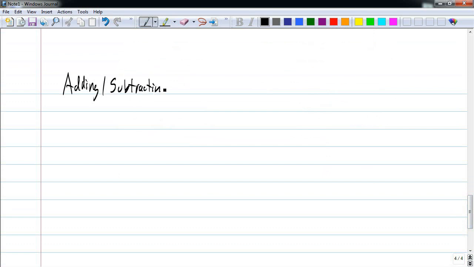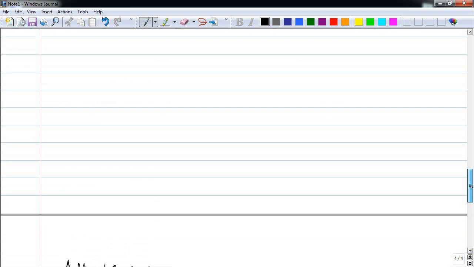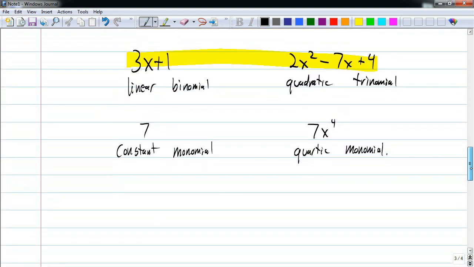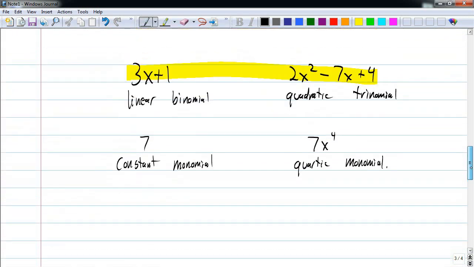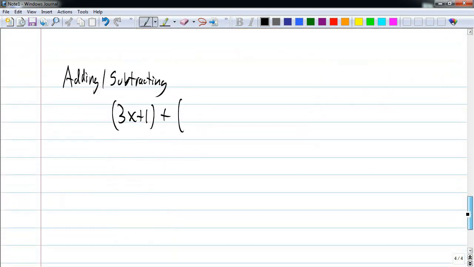Sorry, I got excited. If I'm adding and subtracting, so let's add 3x plus 1 plus 2x squared minus 7x plus 4. Okay. The name of the game is collecting like terms. That's all I do. I collect like terms.